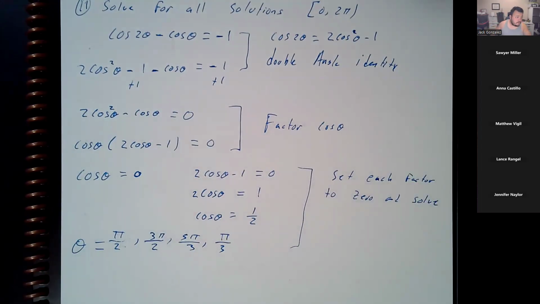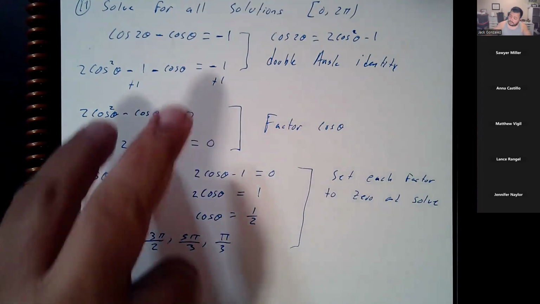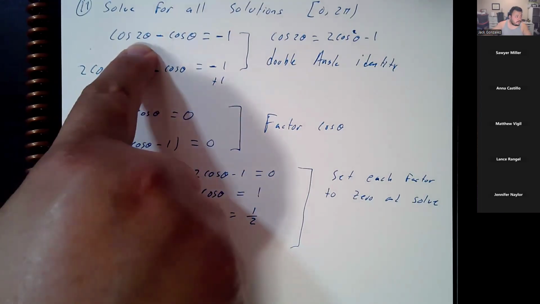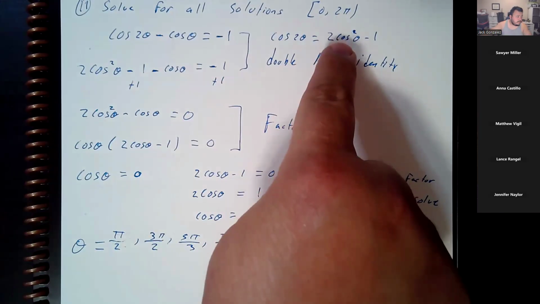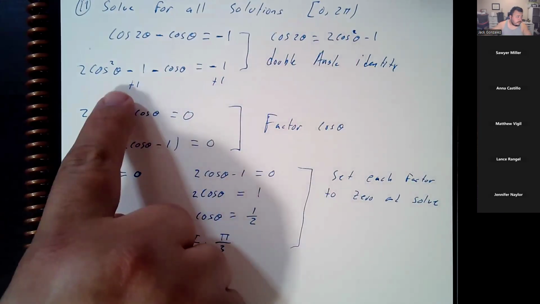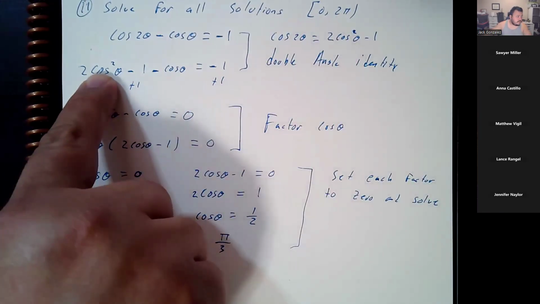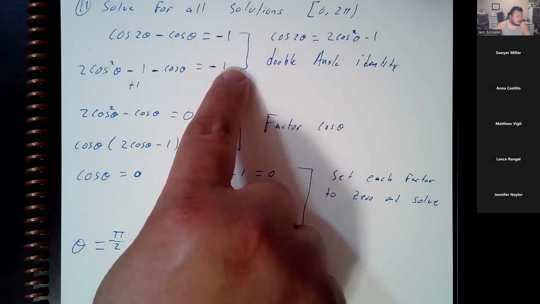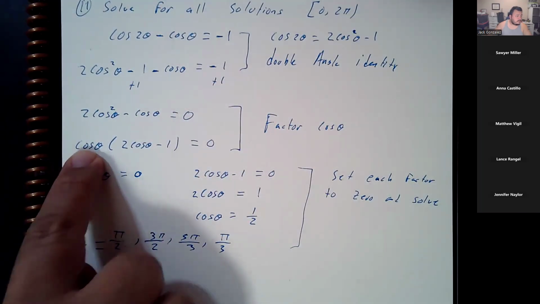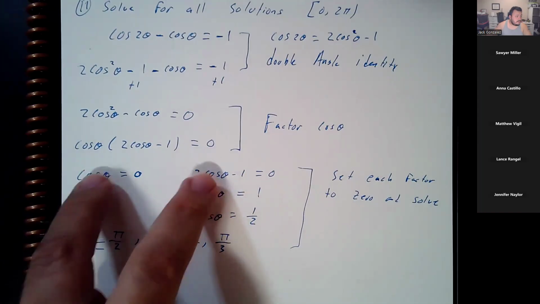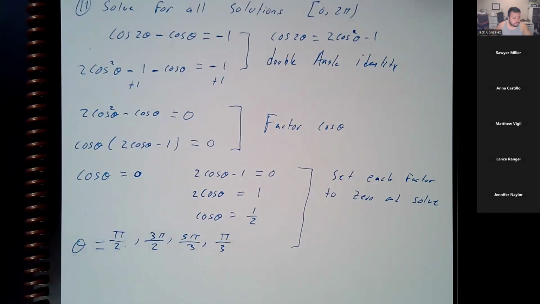Okay, so in the beginning, we had a double angle, which we couldn't really deal with, so we substituted with one of the double angle formulas for cosine. Once we got there, we set it to 0 by adding 1 to both sides, factored the cosine, set each factor to 0, and then solved.